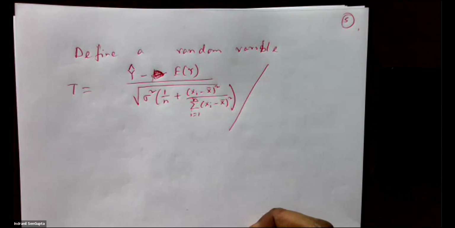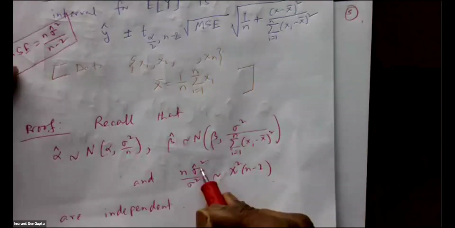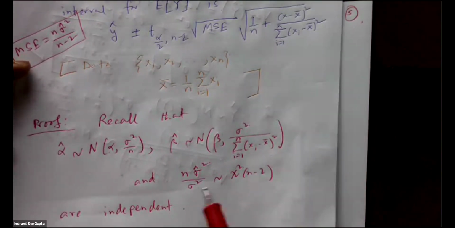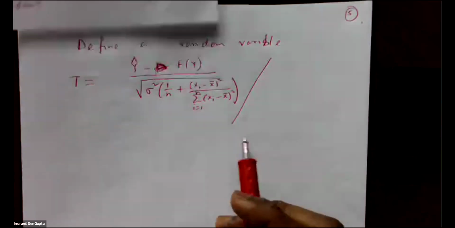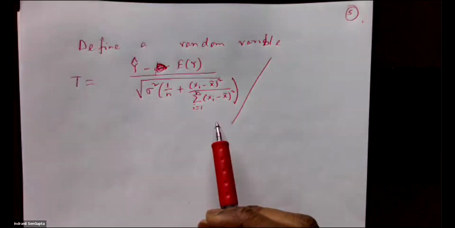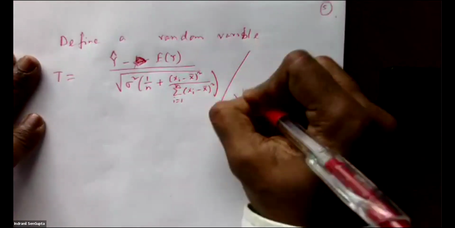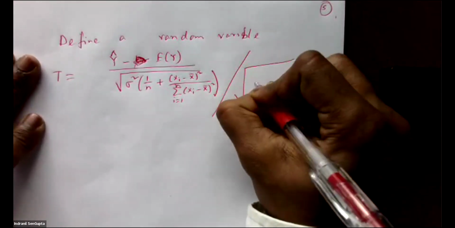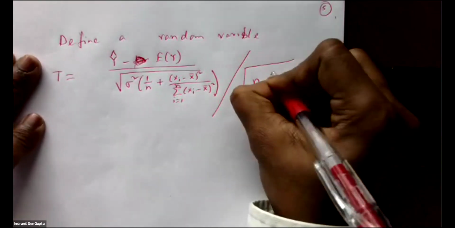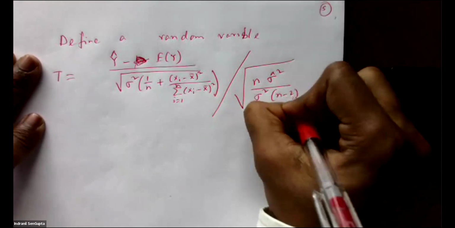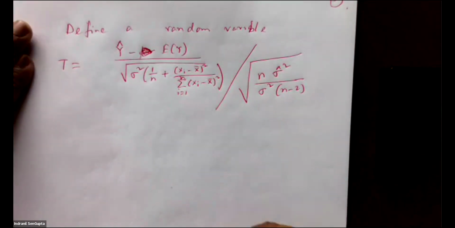We have seen that n sigma hat squared over sigma squared follows chi-square with n minus 2 degrees of freedom, and it is independent of whatever we have done so far. So I can divide by the square root of the chi-square distribution over its degrees of freedom, which is n minus 2.